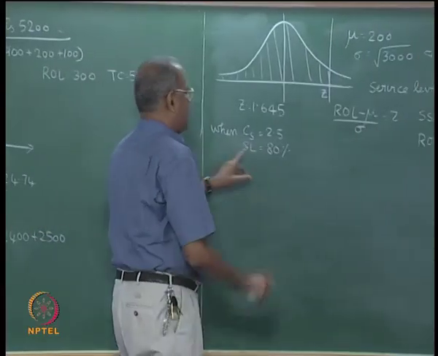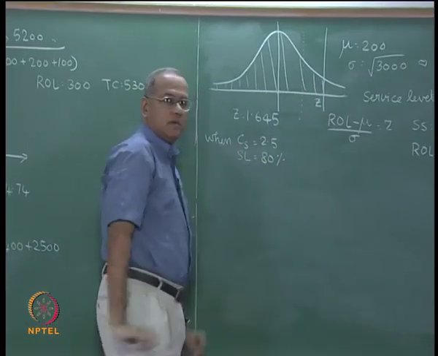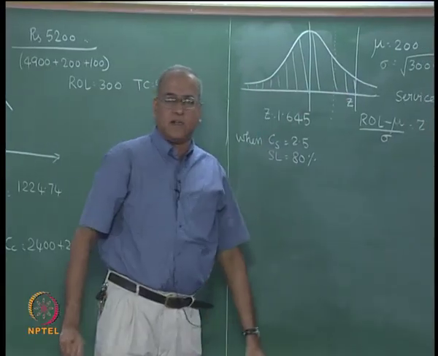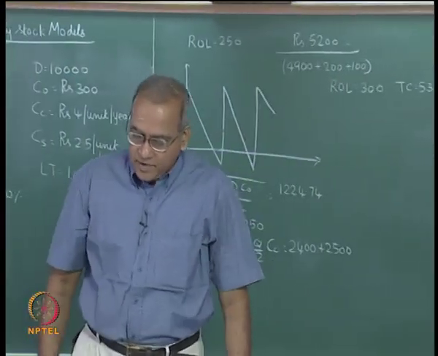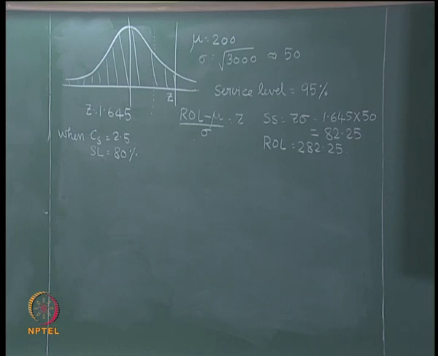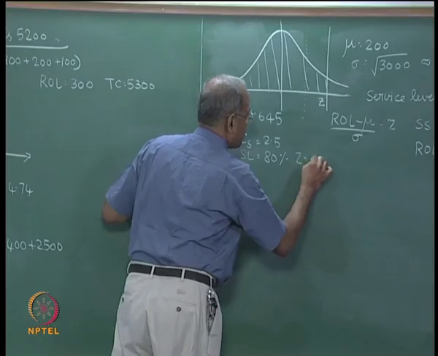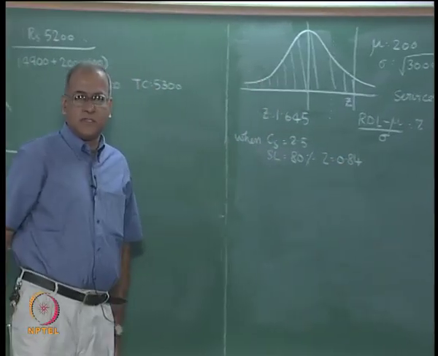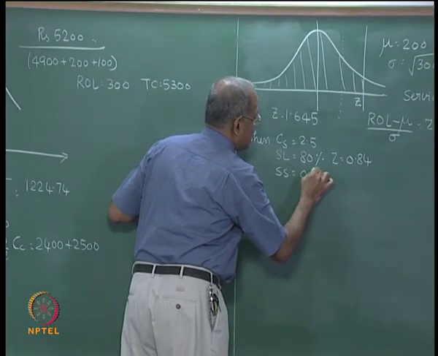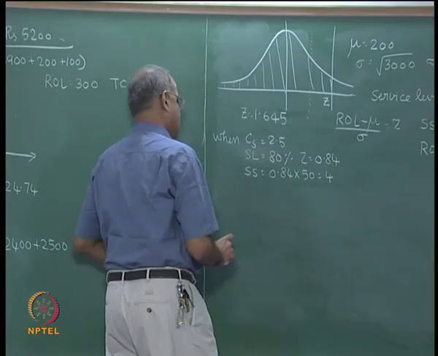When we have a service level of 80%, we once again go back to this standard normal curve to find out the value of z for which the area under the standard normal curve is 0.8, and if we do that we get z equal to 0.84. Now, based on that, the safety stock will be z sigma, which is 0.84 into 50, which is 42.